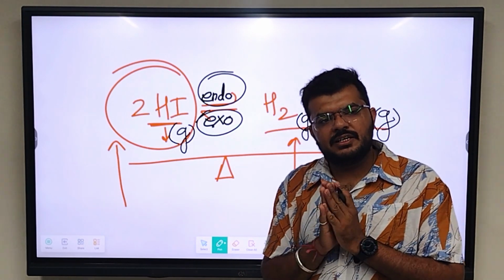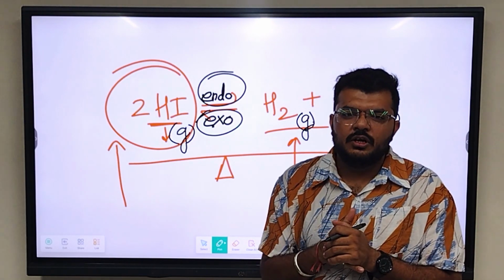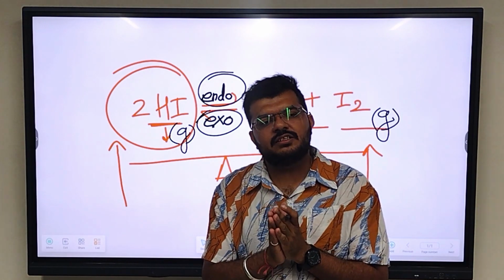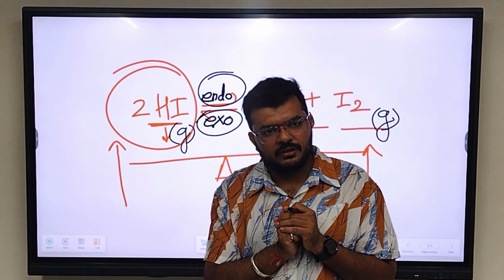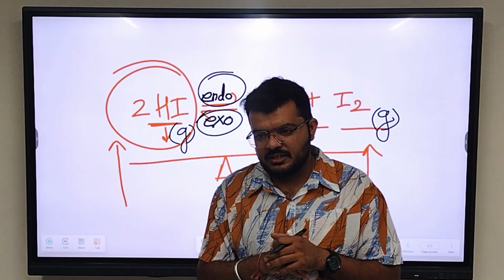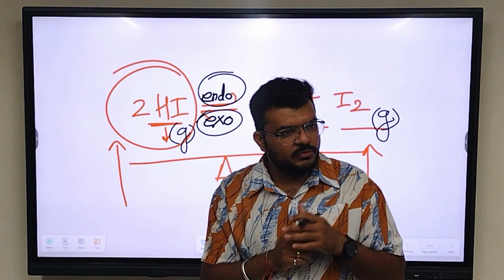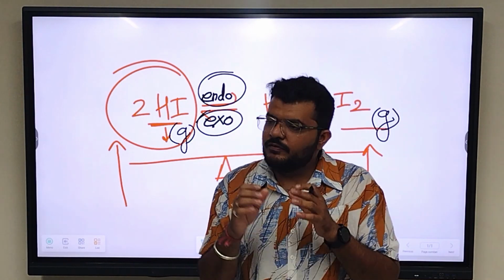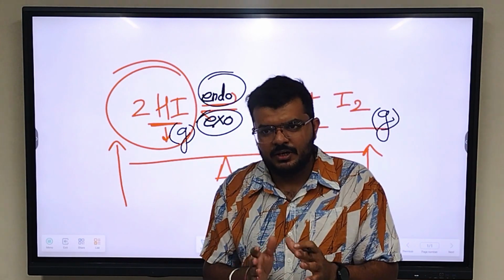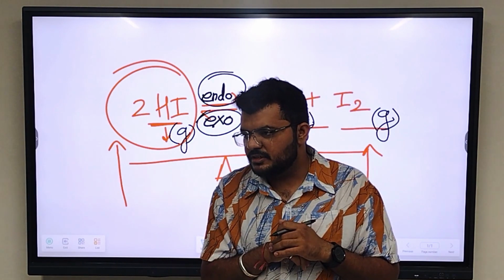Let's think about cooling of a metal cube instead of a reaction. Let's say this metal cube is at 300 degrees Celsius, and I've kept it in a room of 280 degrees Celsius, and that cube is cooling. I've taken another 300 degrees Celsius cube of the same size, same material, everything same, just placed in a room which is at 100 degrees Celsius.